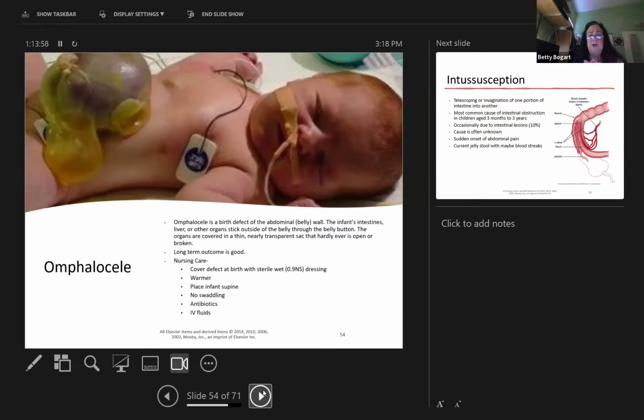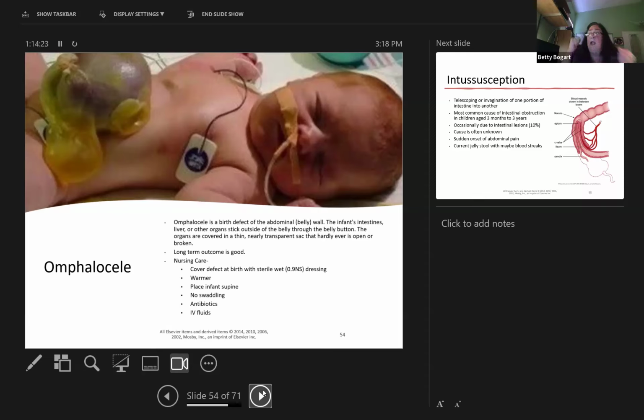We're going to be needing surgery. And our biggest priority is to cover that area with a moist, sterile, normal saline dressing. And again, keeping the skin integrity good. We are going to be putting this child on preventative antibiotics and IV fluids, and they cannot be covered up.